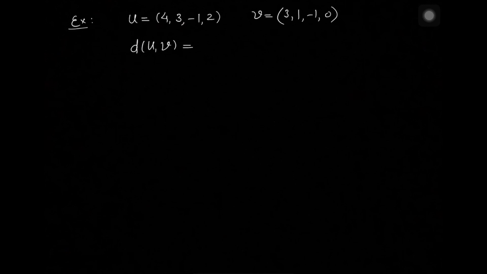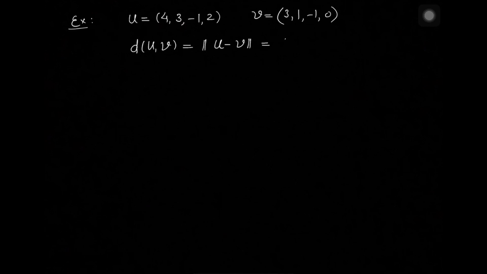For example, suppose you have two vectors u and v. You have to find the distance between u and v. It is the norm of u minus v.